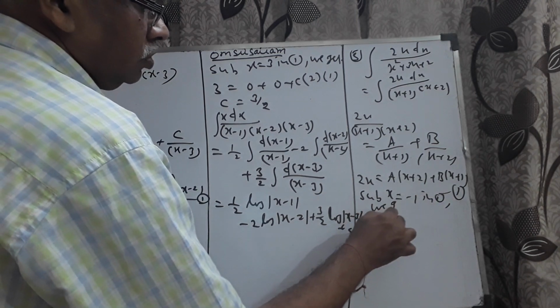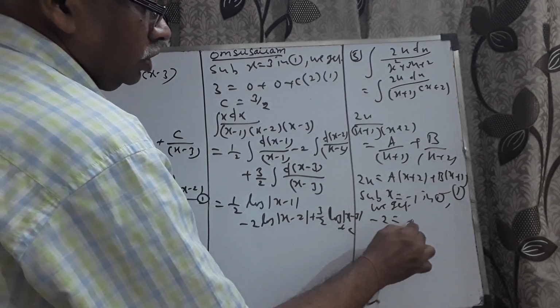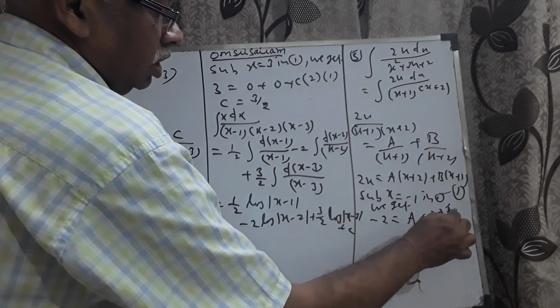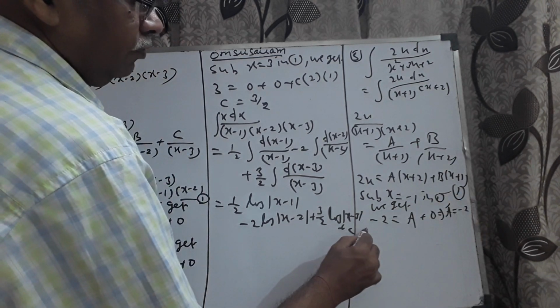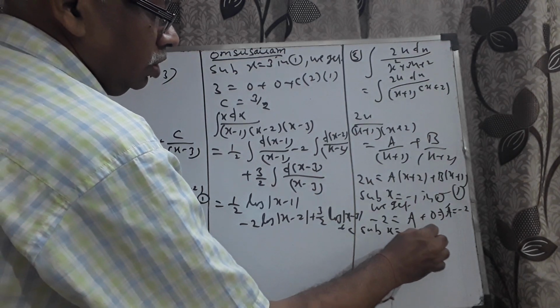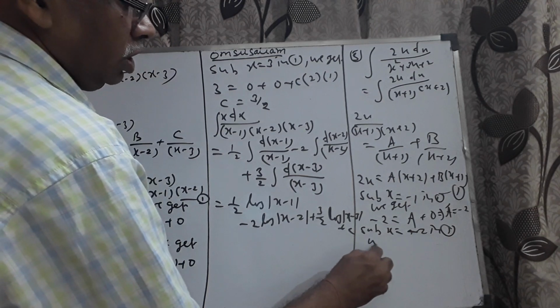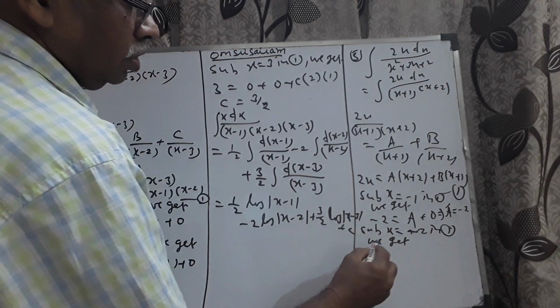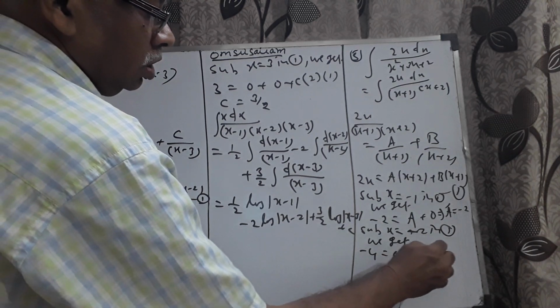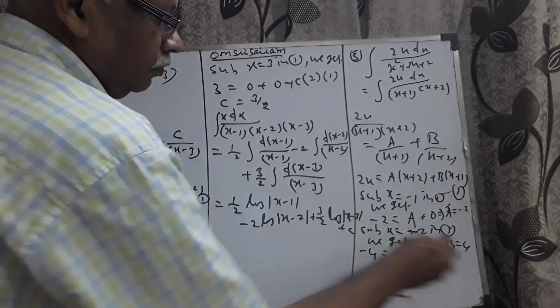What do we get? Minus 2 is equal to a plus 0, which implies a is minus 2. Then substitute x equal to minus 2 in 1. We get minus 4 is equal to 0 minus b, which implies b is equal to 4.